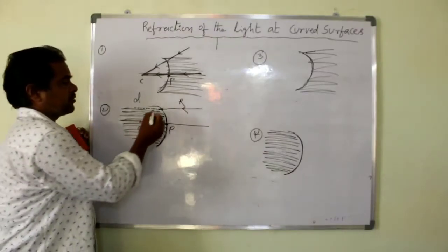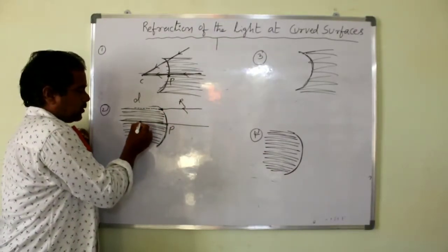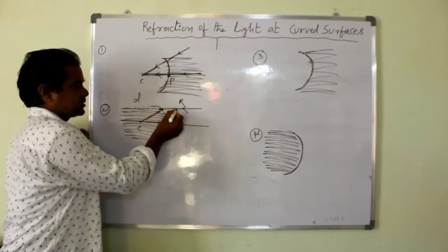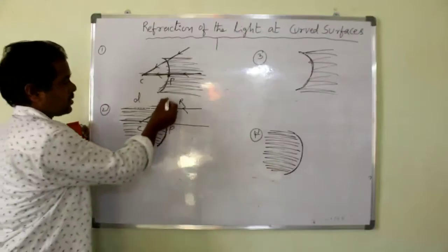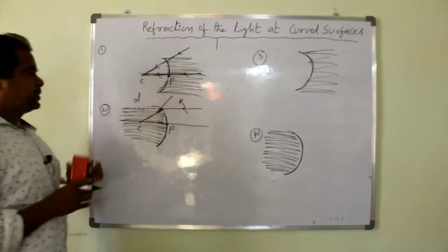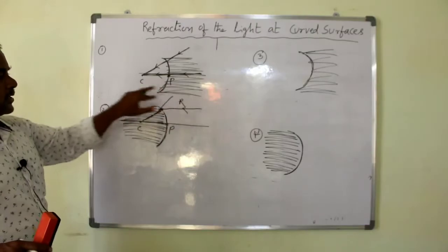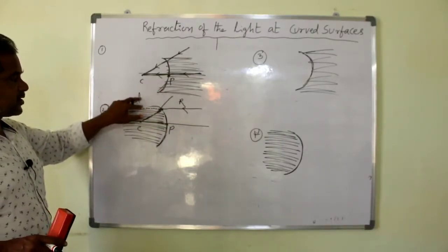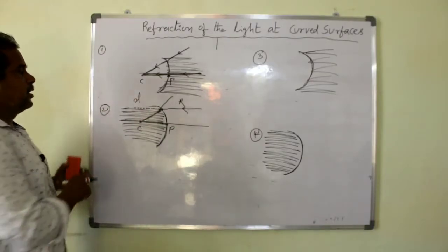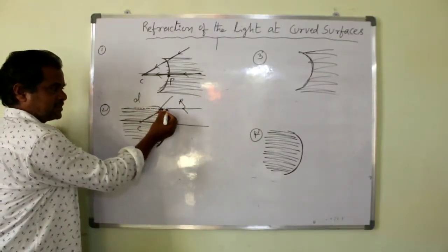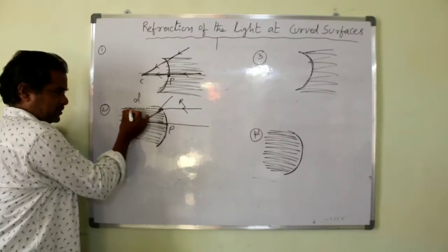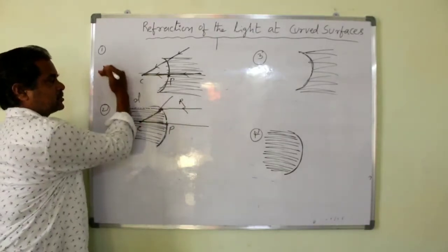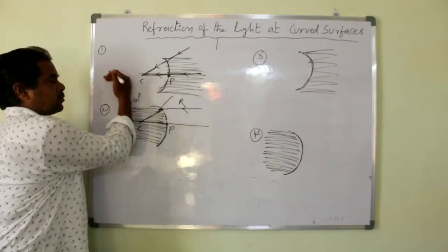First of all, immediately what we have to do? Draw one normal to this point of contact where this light ray is incident. According to the principle, any light ray which moves rarer to denser, the corresponding refracted ray moves nearer to the normal. So the original direction of this incident ray is like this, which we denote by the dotted line. If it went that way, it would be called moving away from the normal.